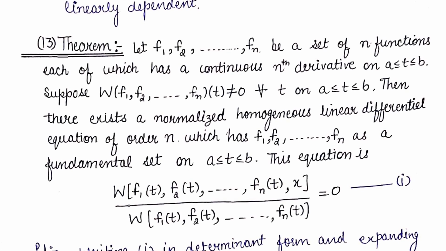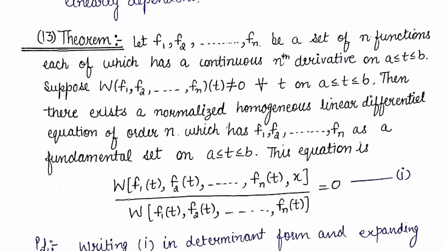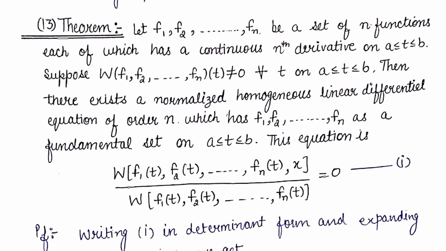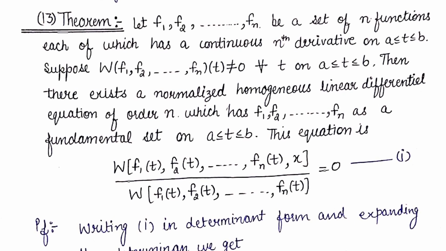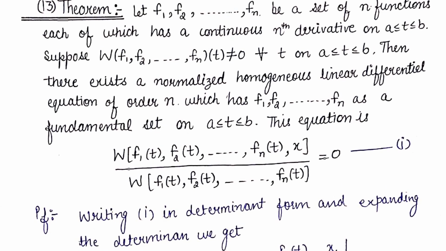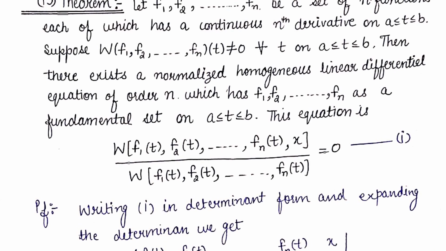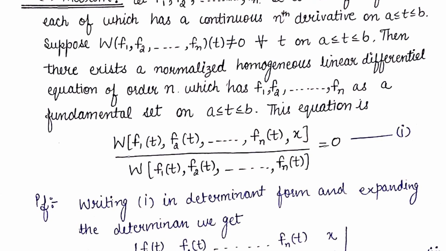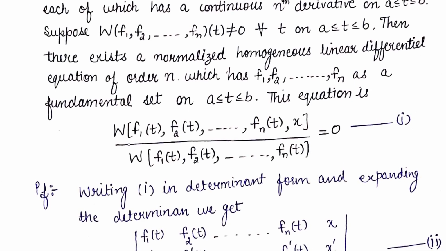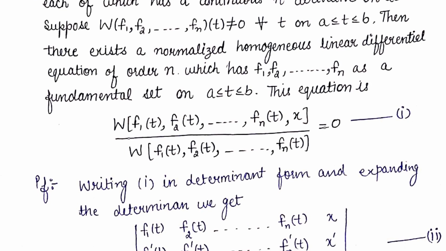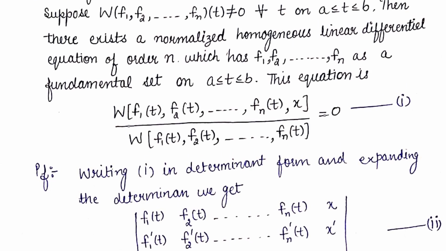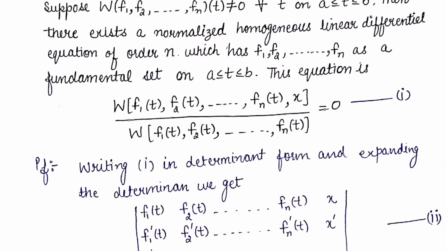So the theorem states: let f1, f2, ..., fn be a set of n functions, each of which has a continuous nth derivative on a given interval [a, b]. And suppose the Wronskian of these n functions is non-zero on this given interval [a, b]. Then there exists a normalized homogeneous linear differential equation of order n which has f1, f2, f3, up to fn as a fundamental set on the given interval [a, b].